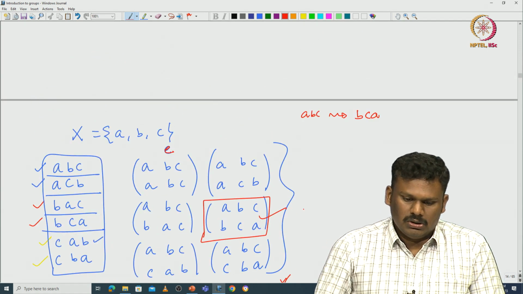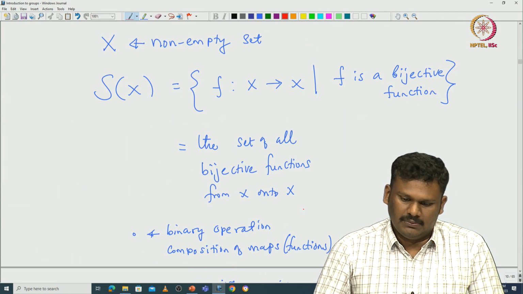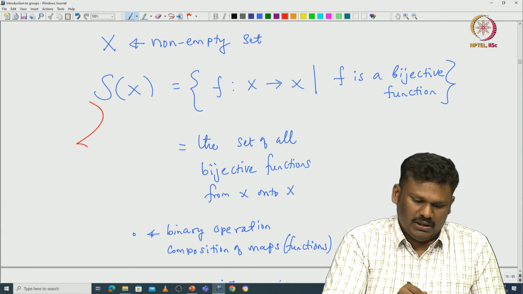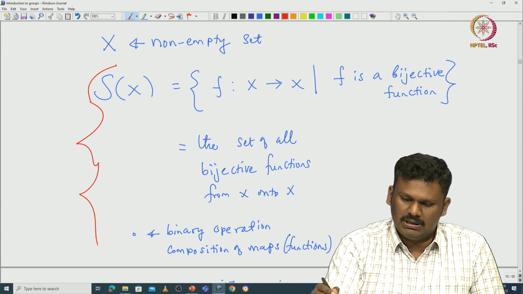Now you can ask why it is a group. I will leave it to you to check; it is not very hard, because this is something I have defined using functions.